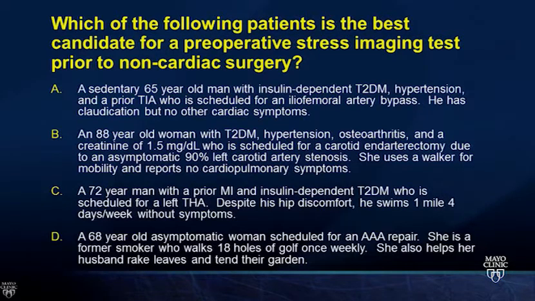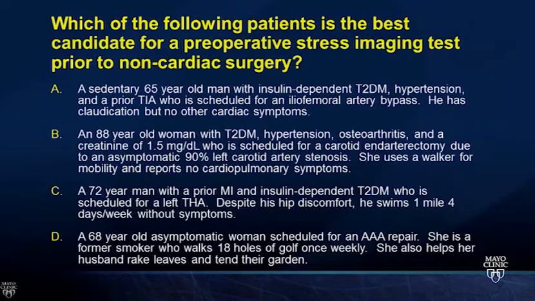We've got an 88-year-old woman with diabetes, hypertension, osteoarthritis, creatinine of 1.5, scheduled for a carotid endarterectomy with a 90% left carotid disease, which you heard from Peter Pollack about yesterday.